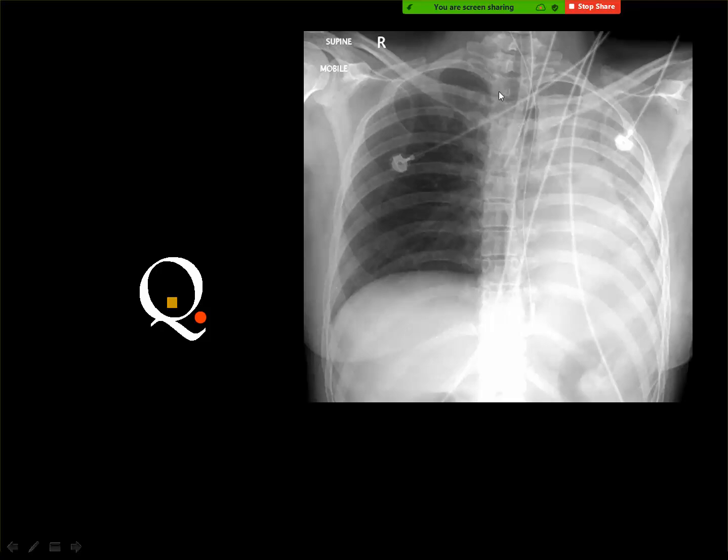Then the right lung is ventilated, but the left main bronchus is occluded and there is total collapse with shift of the heart to the opposite side. This is very important in the ICU, to quickly pull the endotracheal tube back into the trachea, then both lungs will be ventilated and this will recover immediately.